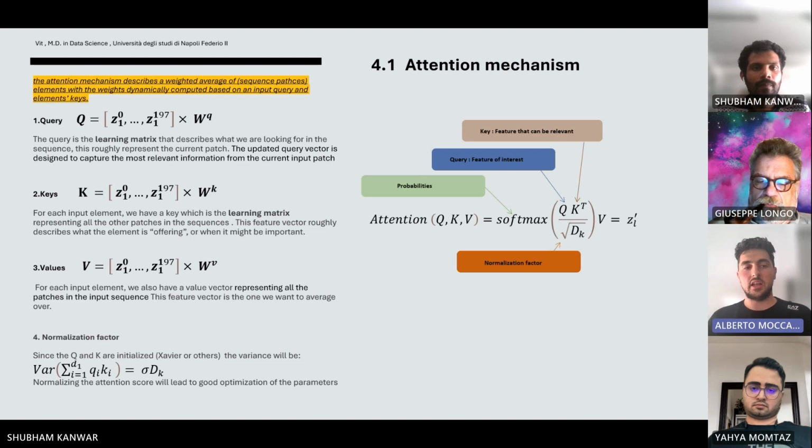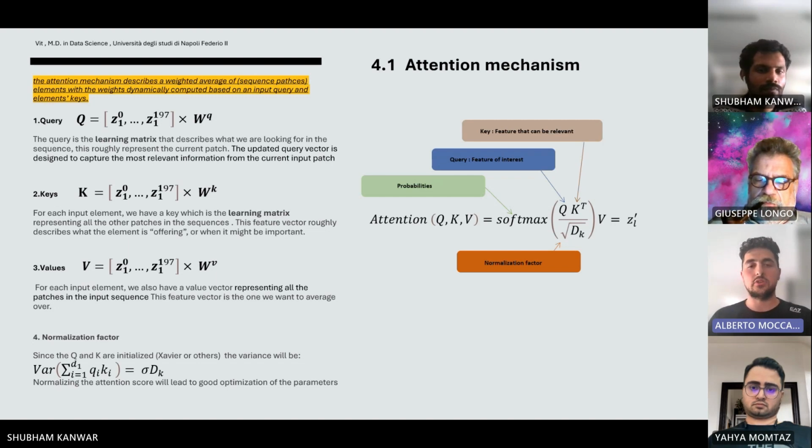Now, there is a product between each of these vectors and weight matrices represented with the capital W, which is different for query, keys, and values. This learnable representation of the input allows us to get an attention score.